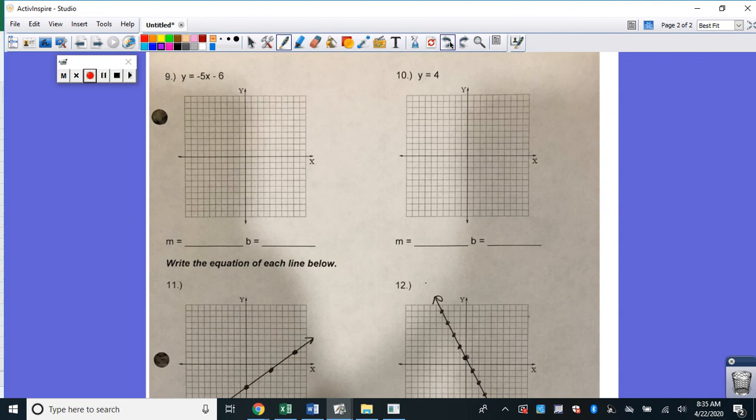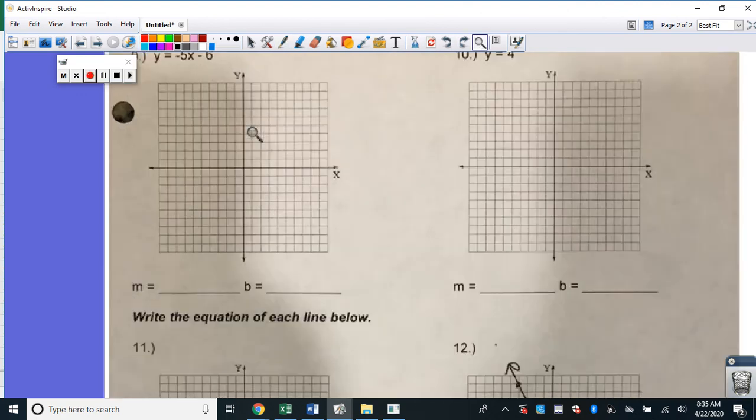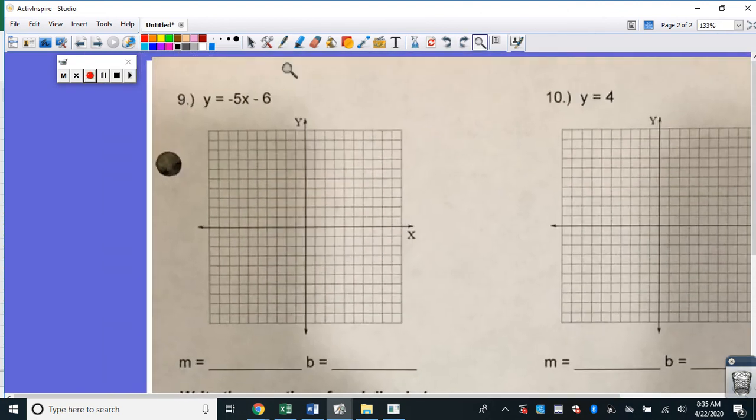All right, number 9, we see y equals negative 5x minus 6. So we want to graph that. So I'm going to start with the y-intercept. I see minus 6, so that means that the y-intercept is going to be on the y-axis at negative 6.